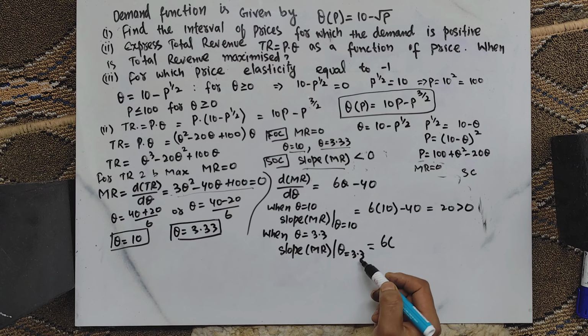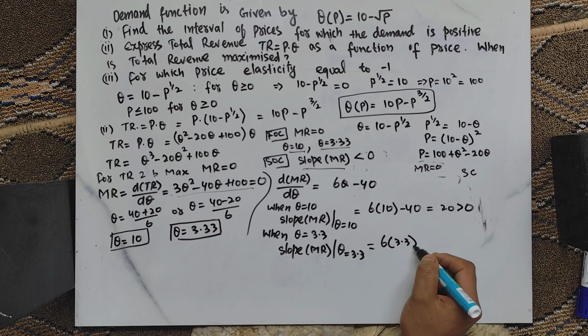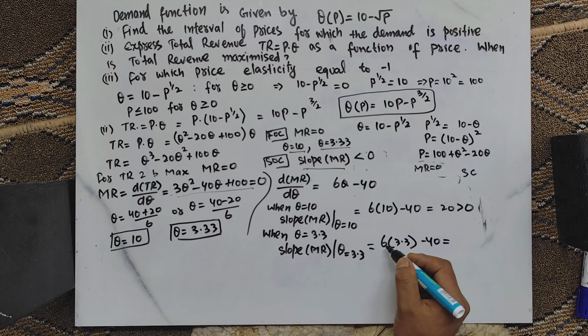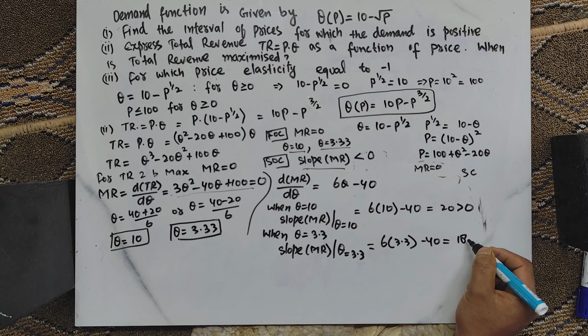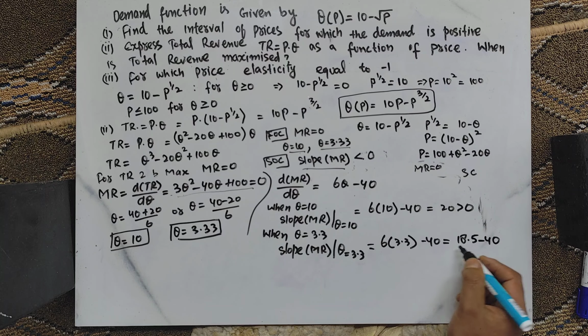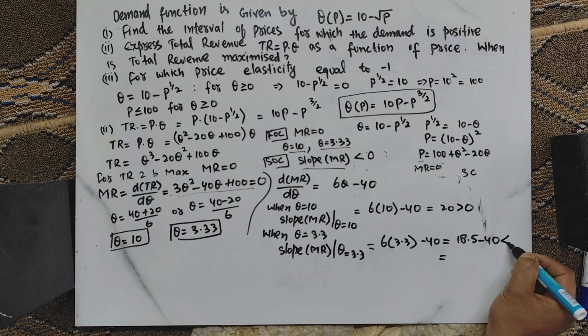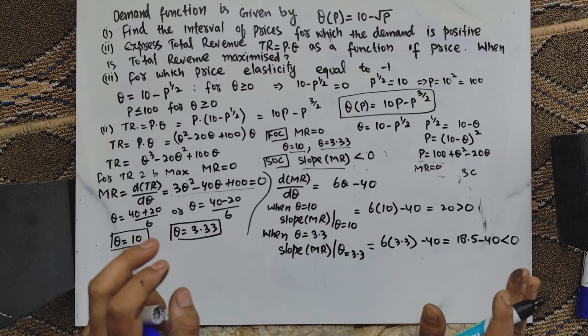So when Q is equal to 3.3, we have 6 into 3.3 minus 40, so it will be something like 18 point something, say 18.5 minus 40. Obviously this number is less than 0. Okay, so let me repeat it here.